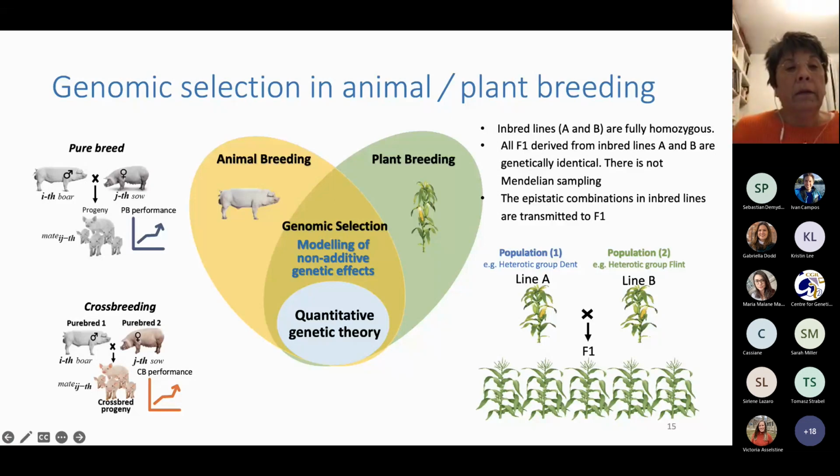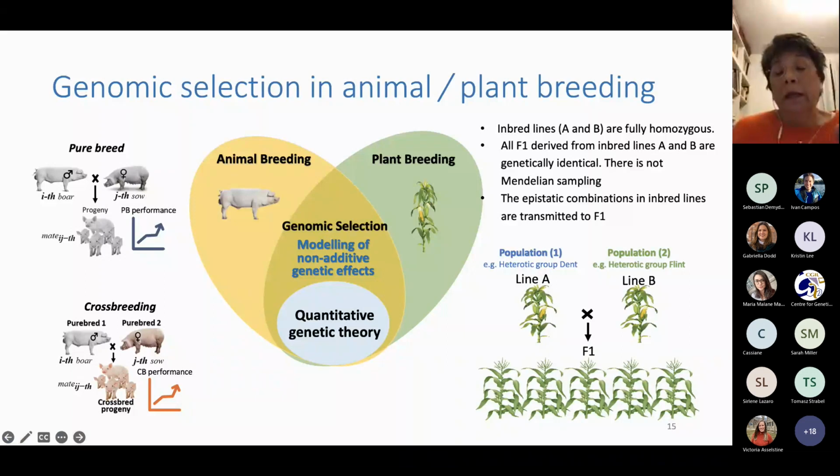In animals, we can use it in purebred, and we can use it in crossbreeding. In plants, we also use it in crossbreeding. For instance, I will show you an example from maize. In maize, in general, we are interested in the hybrid.